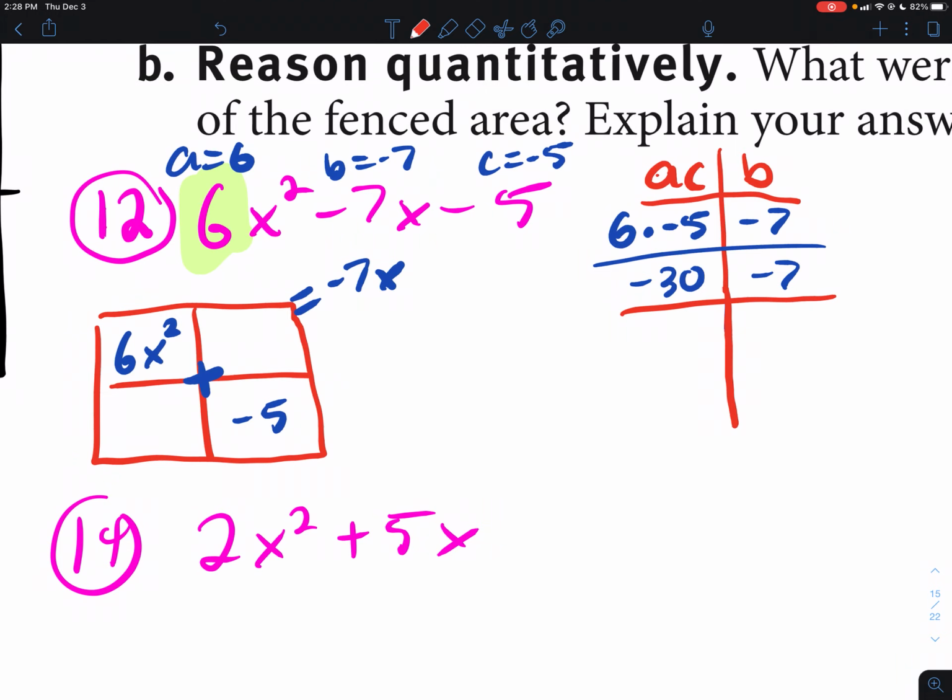I can actually see almost immediately, since this is negative 30, one of our numbers will be negative, and I can already tell that it's going to be negative 10 plus 3, just because I'm familiar with the factors of 30. So I'm going to put negative 10x here and 3x here.